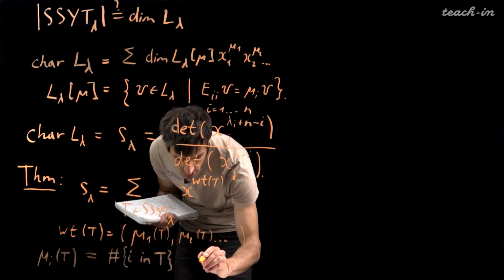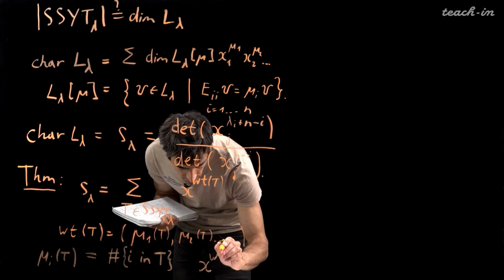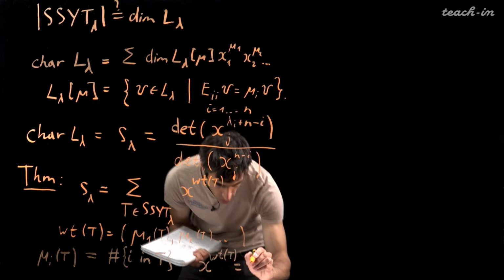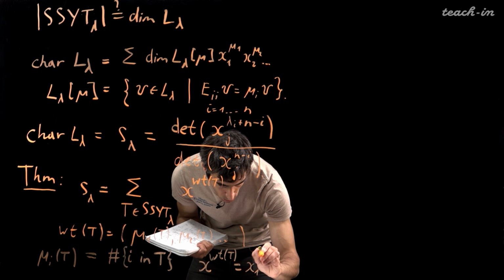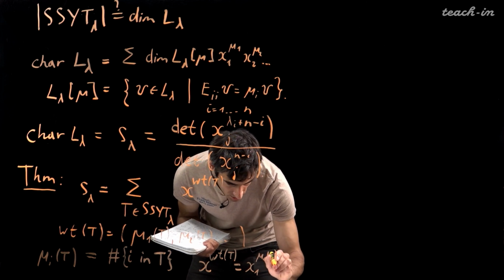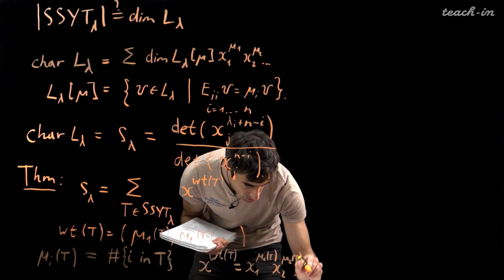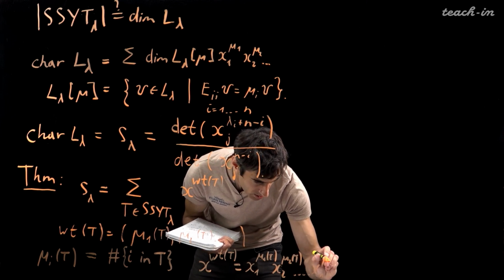And then x to the weight T is by definition x1 to the mu1 of T, x2 to the mu2 of T, and so on, xn to the mu n of T.